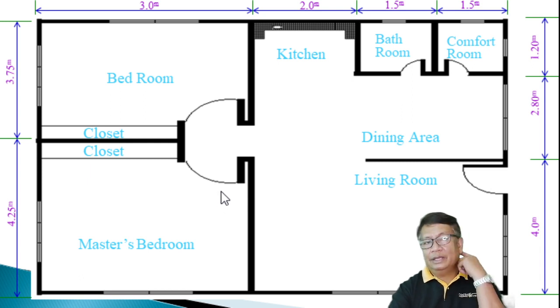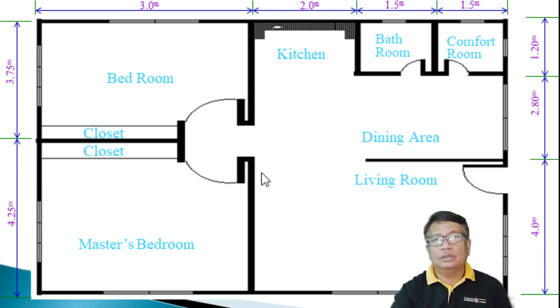And aside from that, it is necessary also that aside from the labels, we should know the opening of the doors. Like for example here at our entrance, we should know the direction of the opening of this door, so that we will be able to place our switches correctly, or in a proper place.